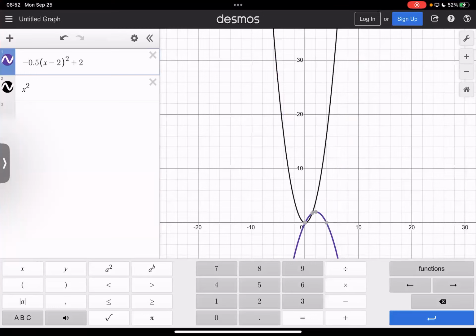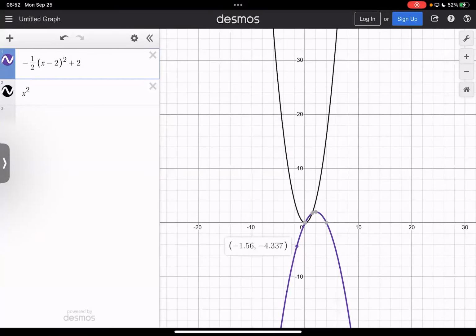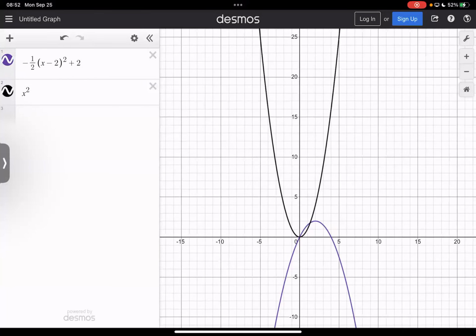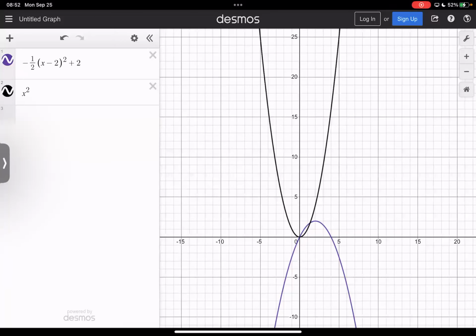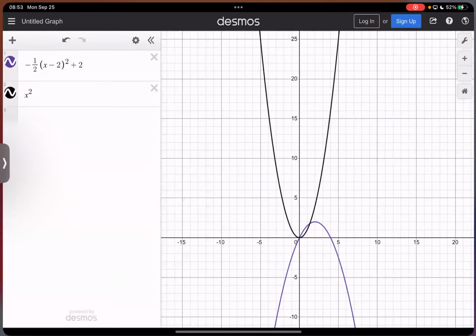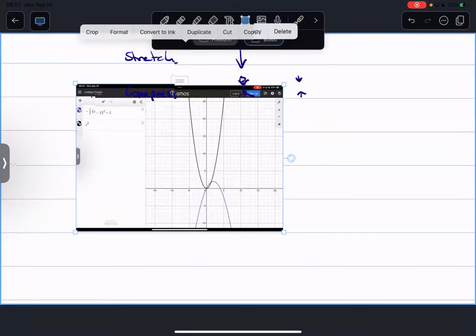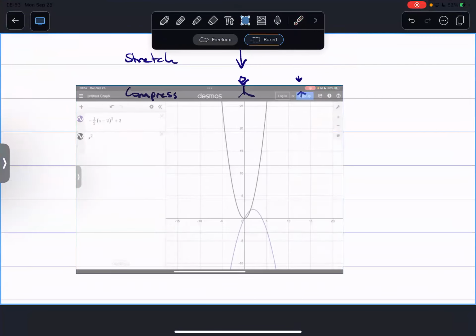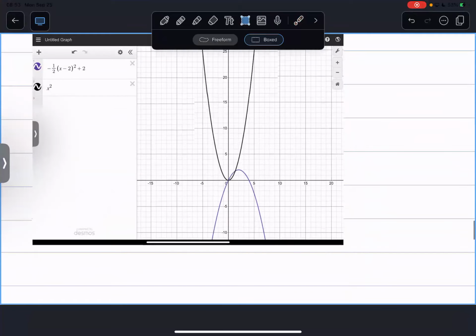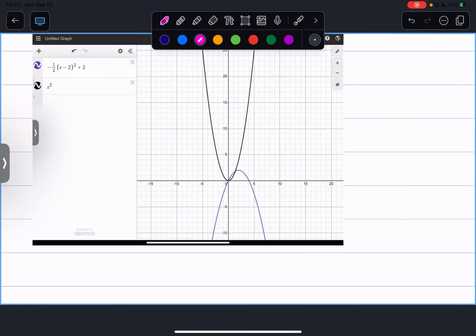And just to match what we wrote, I am going to keep it as 1/2 there. Screenshot that, bring it in. So here, this gets smushed down.